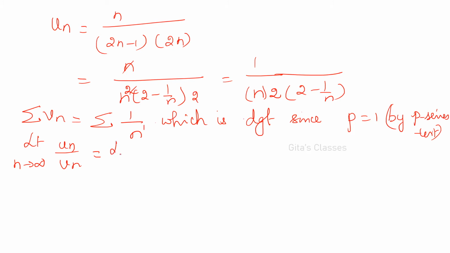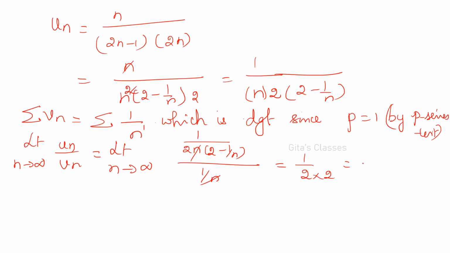What is un? 1 by 2n into 2 minus 1 by n divided by 1 by n. So this n and n will get cancelled. You will be getting 1 by 2 into 1 more 2, so 1 by 4, which is not equal to 0 and finite. You should get a non-zero finite value.